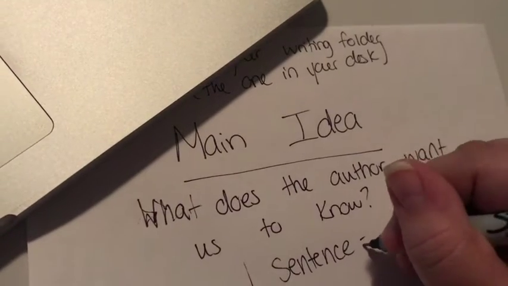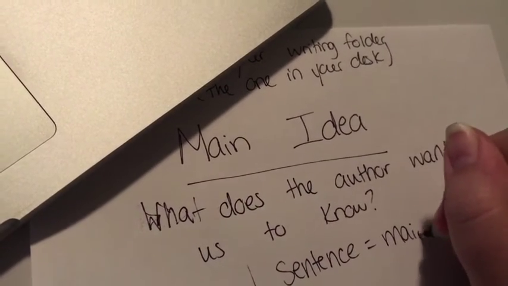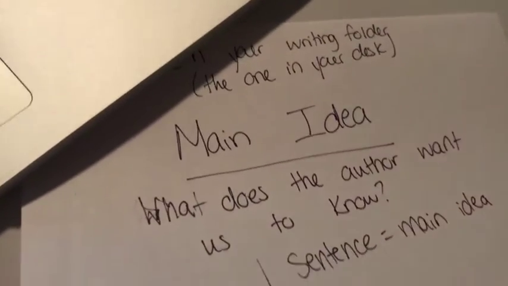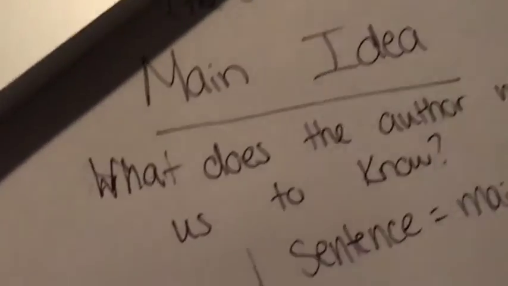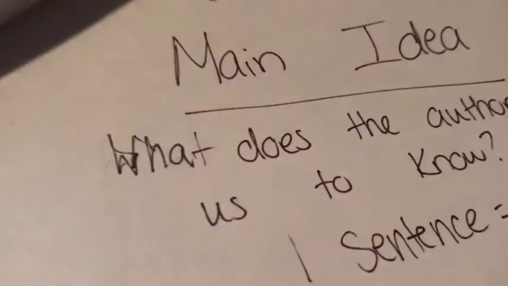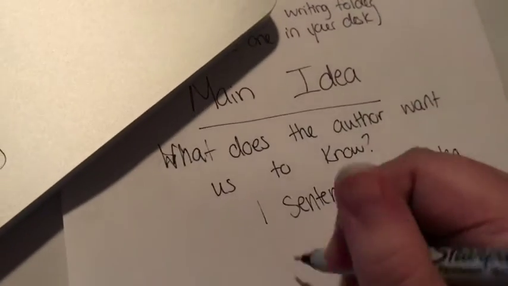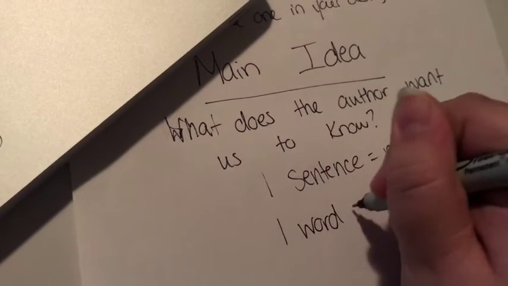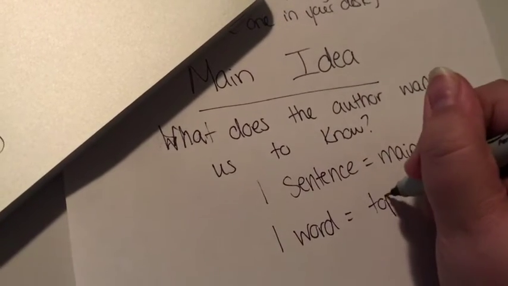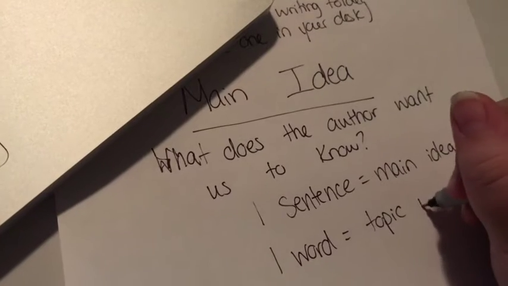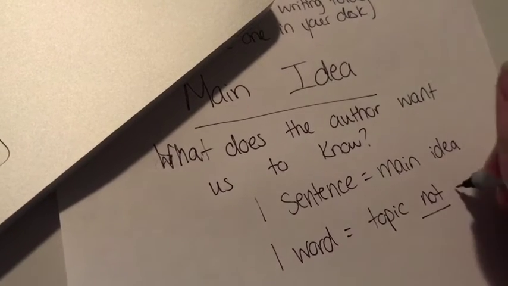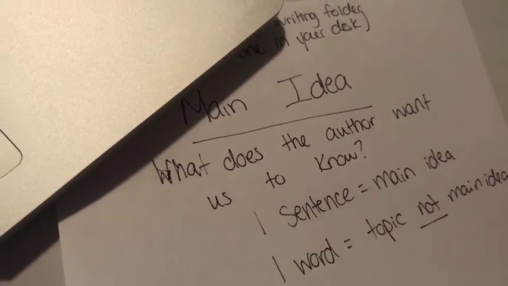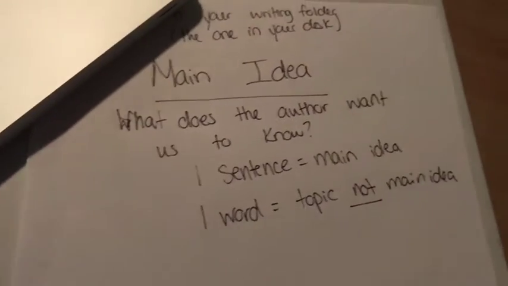Your main idea is always one complete sentence, not one word. If you come up with one word, that equals the topic. There's a big difference there. So make sure you know that.